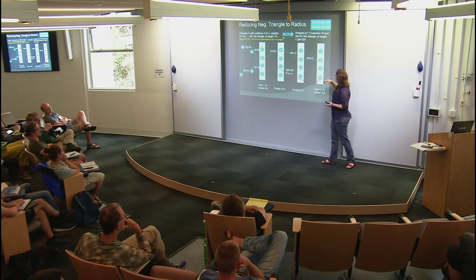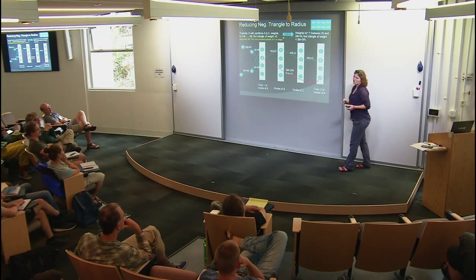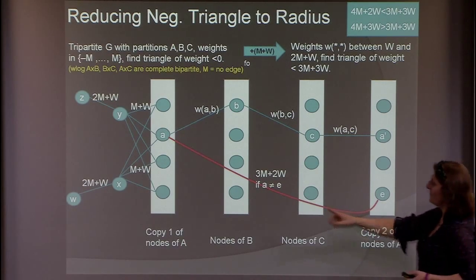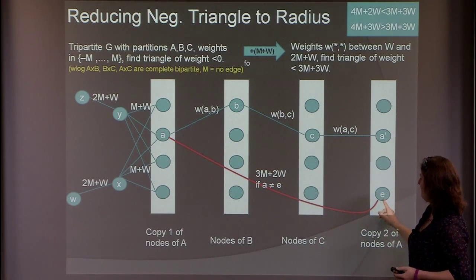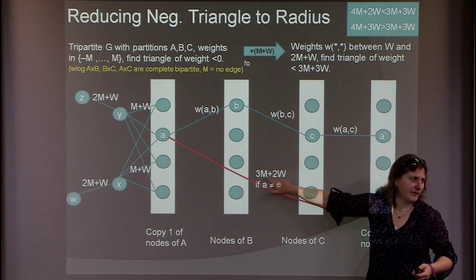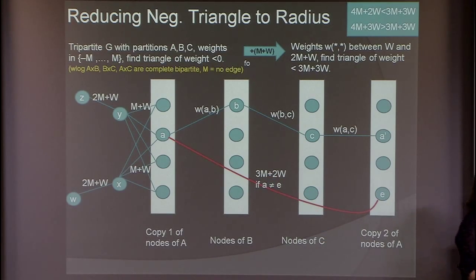And this is why we have to pick W to be large enough, because we know that all the edges are bigger than W. So in particular, this path, the way we've chosen, if it goes back and forth, it gets 2w onto the 3m plus 4w, and now it becomes bigger than what we want. So you have to make sure that all the pairs are satisfied, but if you pick the weights in this way, it works.